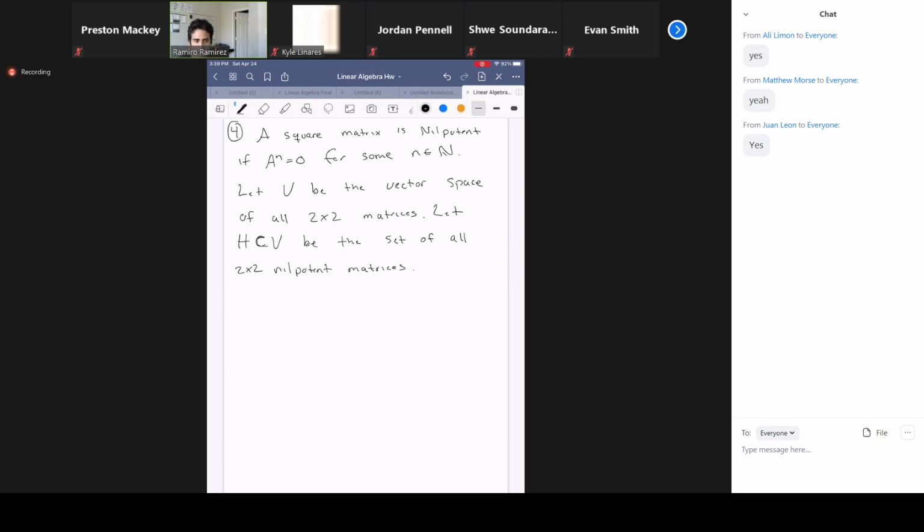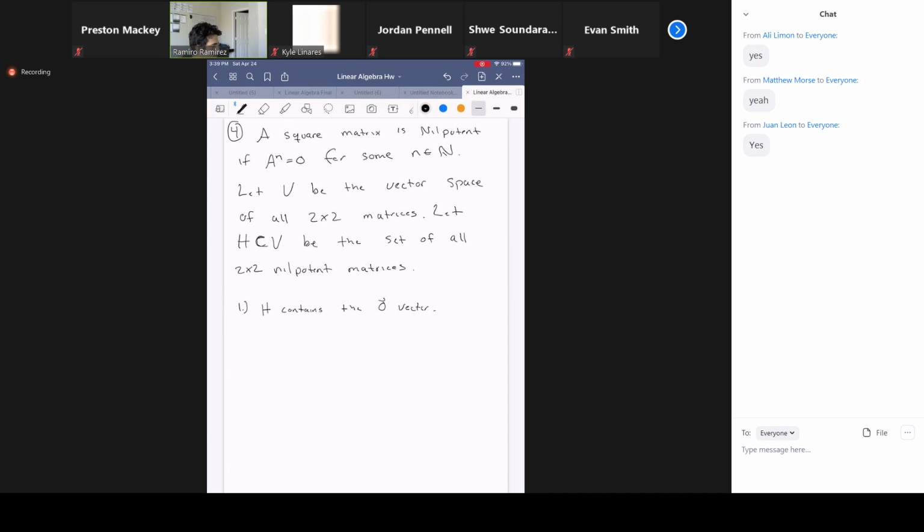And the question is again, is H a subspace of V? Well, I guess the very first question is, does H contain the 0 vector? Well, yeah, because 0 to the first power is 0, so it's always in there. So H contains the 0 vector.